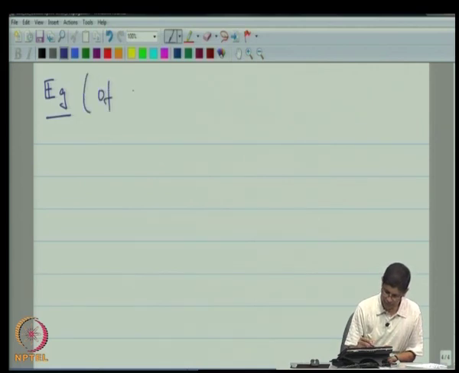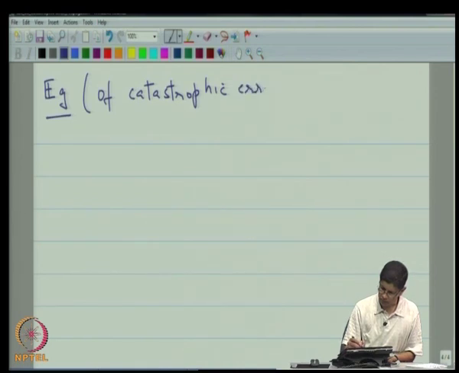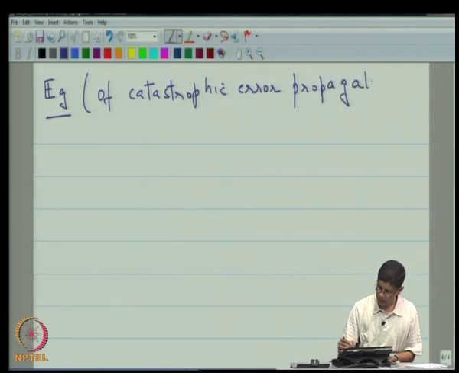So, this is an example of catastrophic error propagation, and we will abbreviate that to be CEP.